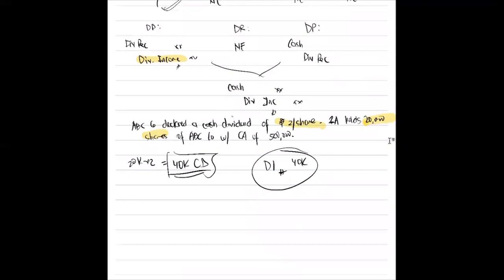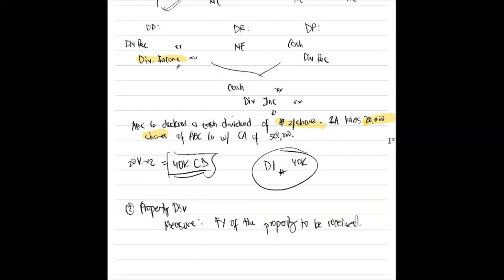Next, we have your property dividend. So this type of dividend is a dividend in kind. Why is it a dividend in kind? Because you will receive a property instead of cash. Now, how do we measure it? So we measure your property dividend based on the fair value of the property to be received.